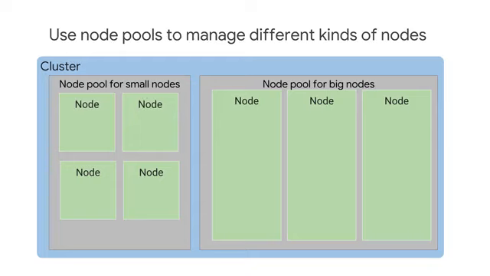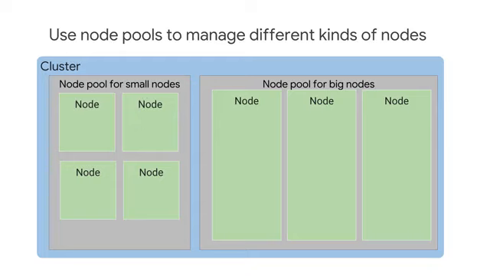You can also select multiple node machine types by creating multiple node pools. A node pool is a subset of nodes within a cluster that share a configuration, such as their amount of memory or their CPU generation. Node pools also provide an easy way to ensure that workloads run on the right hardware within your cluster.